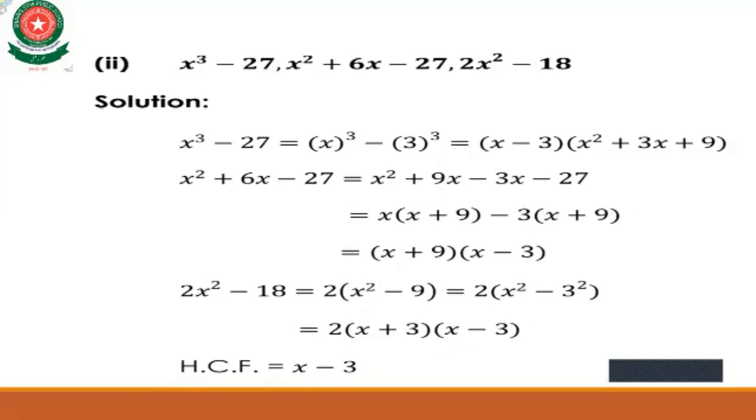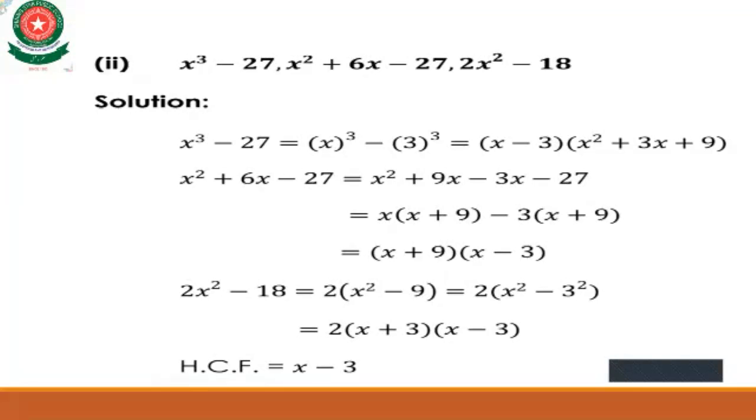And in the next polynomial term, x square plus 6x minus 27, you can write it as x square plus 9x minus 3x minus 27, because 9 times 3 is 27, and if we add 9 and minus 3, that is equal to 6.